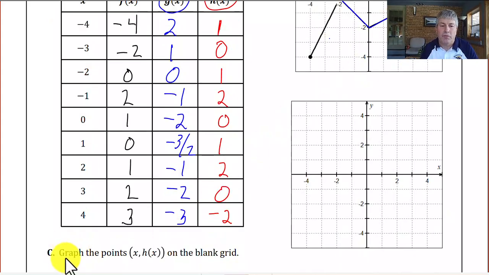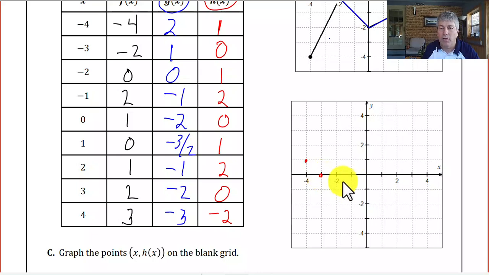So in part C, it says graph the points x, h of x on the blank grid. So I'm going to graph the x values and the y values of the output of h. When I input -4, I output 1. When I input -3, I output 0.